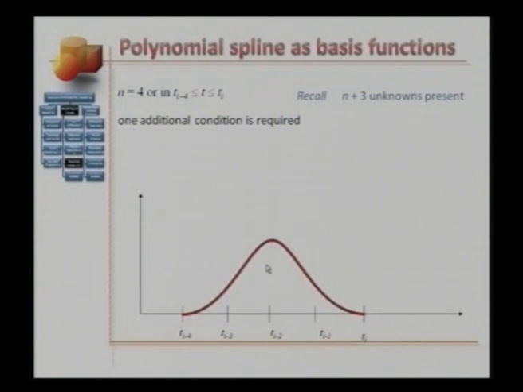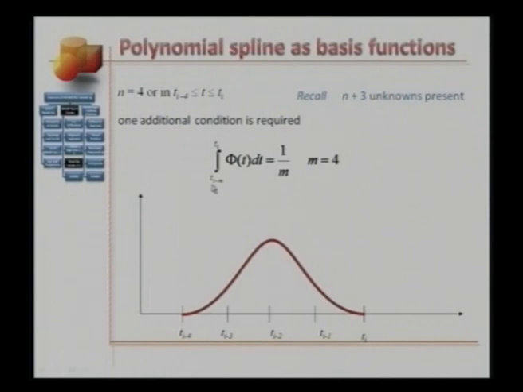Why do we need one additional condition? Well, recall that we have n plus 3 unknowns present overall, where n would be the number of knot spans. We use something called the standardizing condition to ensure that this B-spline basis function is not 0 in between the values Ti minus 4 to Ti. We ensure that the area under this spline curve is non-zero.